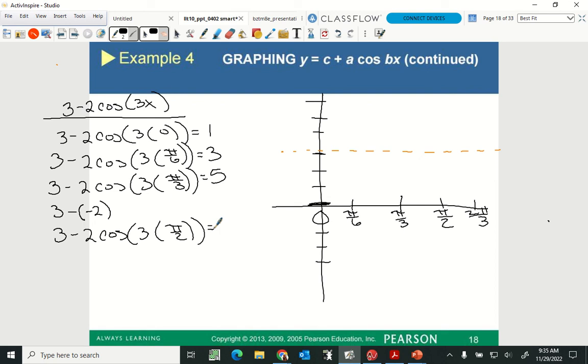So cosine at 3 pi over 2 is 0. 0 times 2 is 0. So 3 minus 0 is 3.